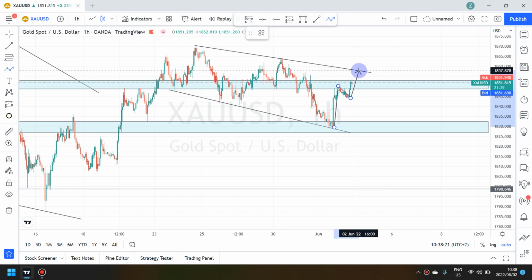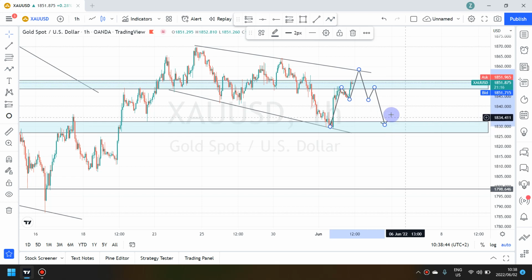Since this is the third touch of our trend line, the market can drop and give us the inverse head and shoulders. This is where we would enter our sell and possibly close at this nearest zone here.